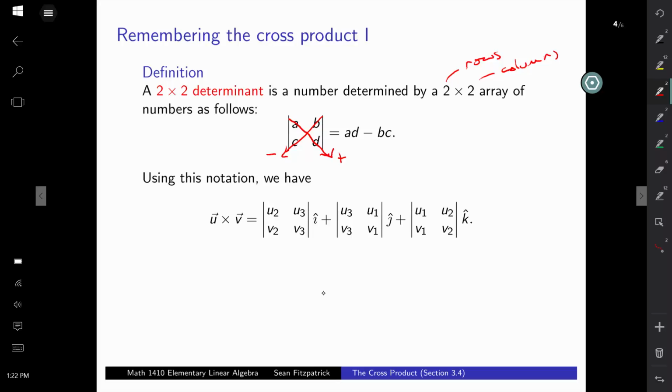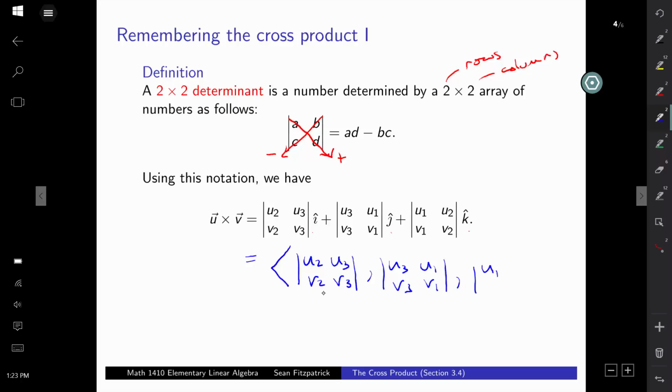The cross product is given, and remember our i, j, k, these are our unit vectors, so we could also think of this as, if we want to write it in determinant form, u2, u3, v2, v3, u3, u1, v3, v1, u1, u2, v1, v2. You can remember it that way.